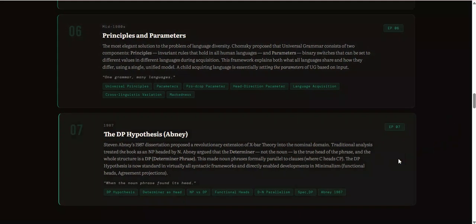Then moving to episode number 7, that is the DP hypothesis. In 1987, this was given by Abney in his dissertation.